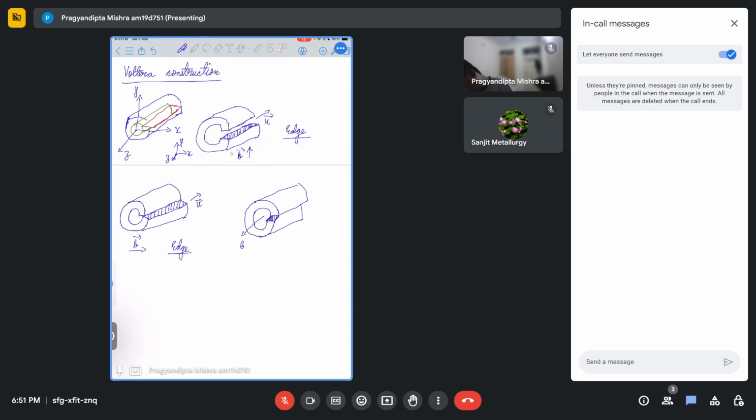So my Burgers vector and my dislocation line both will be along the z direction. So therefore this is how we can construct a screw dislocation using the Volterra construction.